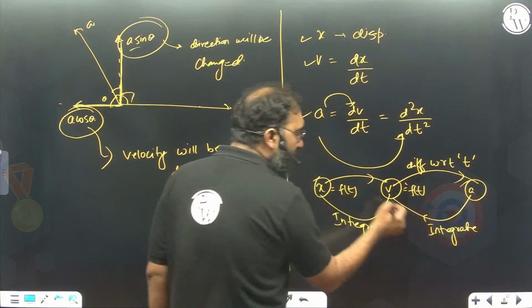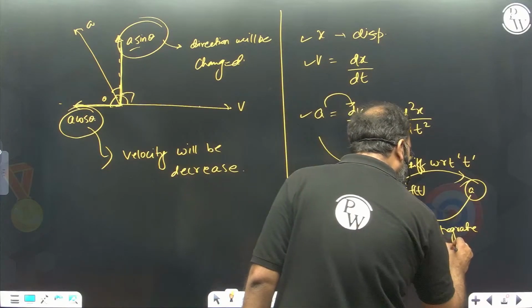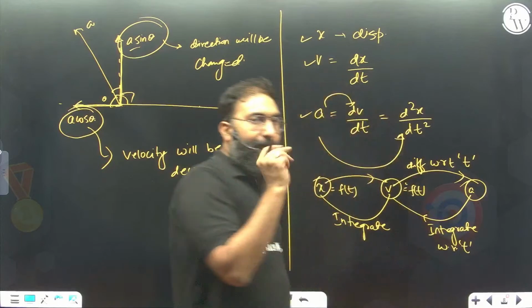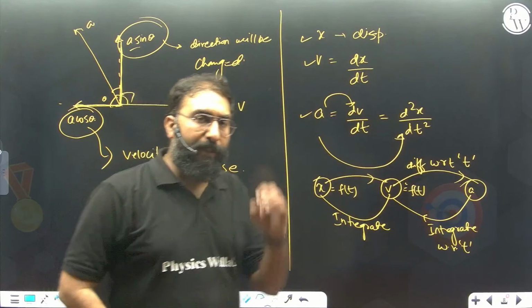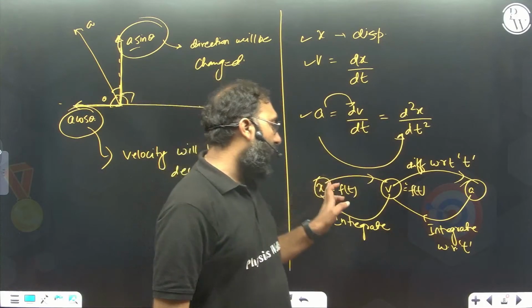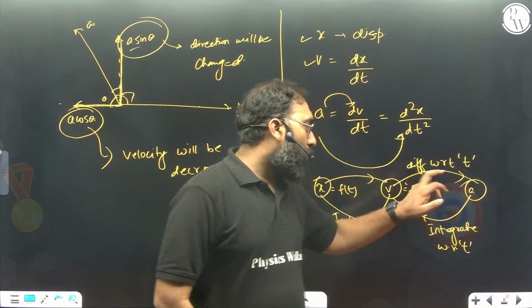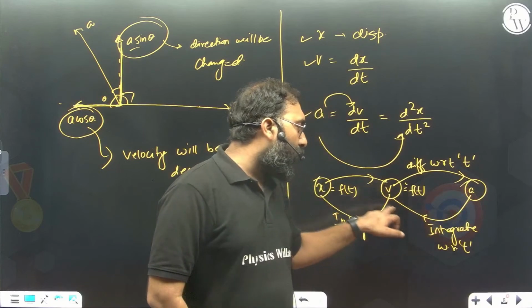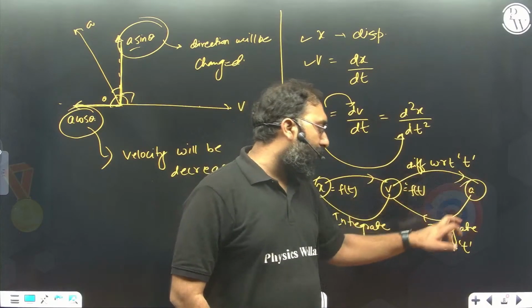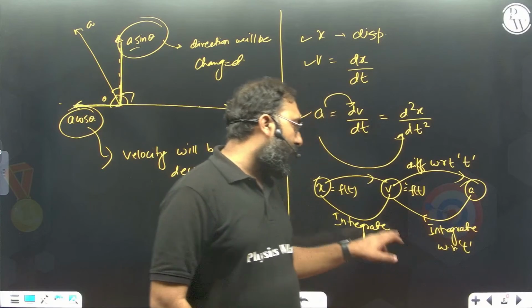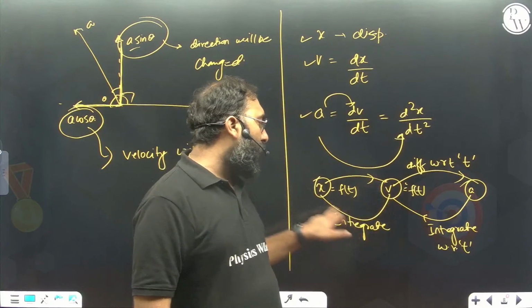And from acceleration to velocity, again integrate with respect to t. So you have to integrate and differentiate with respect to the same variable. If you are differentiating with respect to time, again you differentiate with respect to time. From a to v, if you want the function of velocity from acceleration, you have to integrate with respect to time.